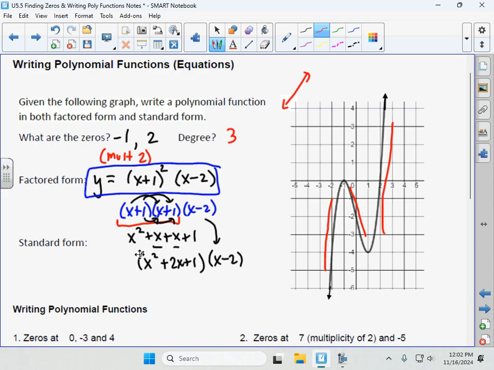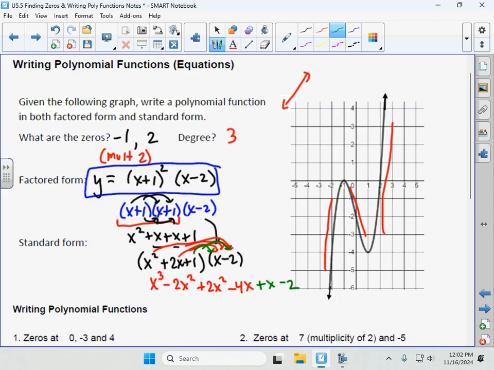Taking x squared, that'd be x cubed minus 2x squared. Take the 2x now and distribute, plus 2x squared minus 4x. Now take the 1 and distribute, plus x minus 2.